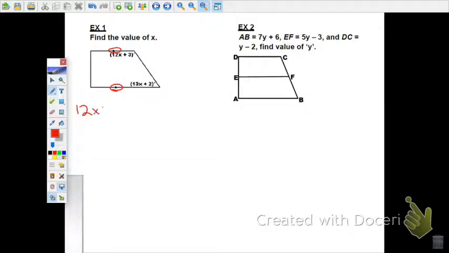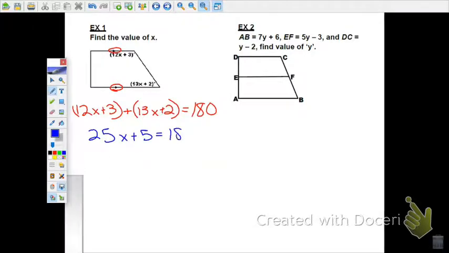So 12x plus 3 plus 13x plus 2 is equal to 180. So I combine like terms. 25x plus 5 equals 180. So I subtract 5. 25x equals 175.